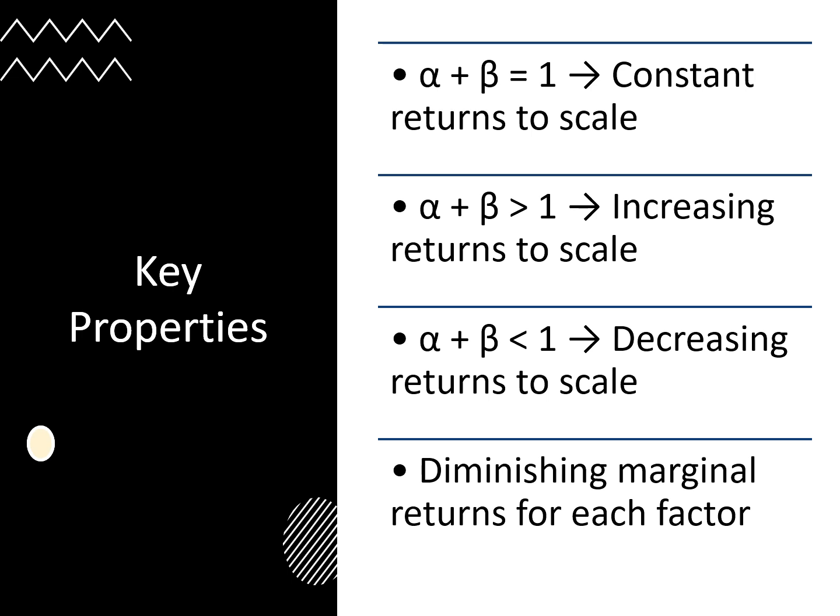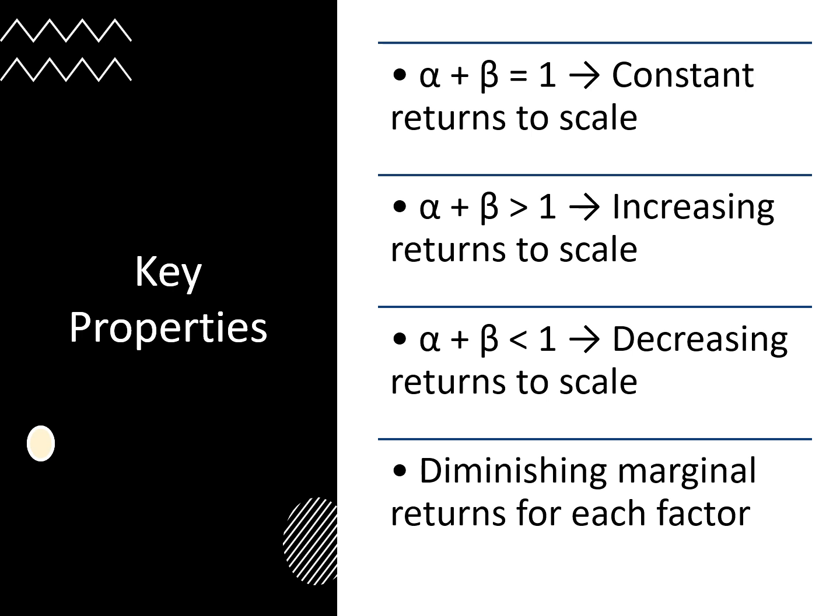In the next example, if alpha plus beta is greater than 1, that means you have increasing returns to scale. If you add one additional employee and one additional machine, you may be able to produce more than just one additional unit. If alpha plus beta is less than 1, that means you have decreasing returns to scale.